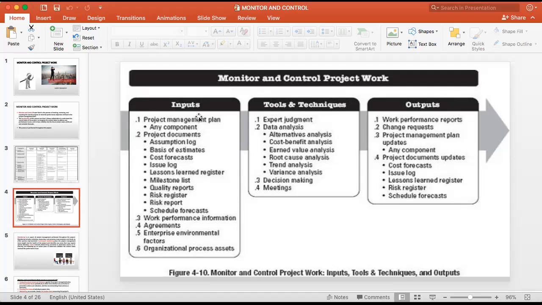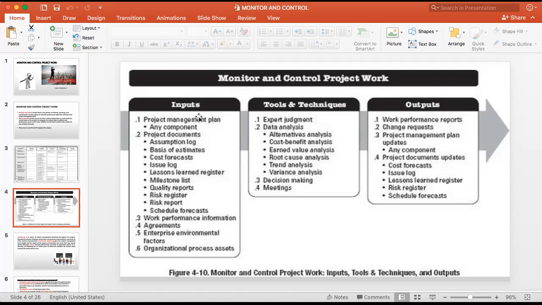All these subsidiary plans, you finally get the work performance information when you monitor all these things. Then this information also gives you a schedule forecast or cost forecast. You are getting that. So all these things you have to take as input.